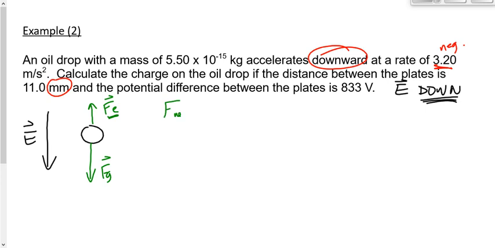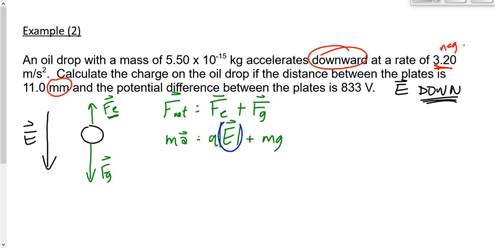All right, let's go to our next step. Our physics 20 step. F net is equal to the sum of all the forces, Fe plus Fg. M times A is equal to the sum of those forces. Remember, we're replacing the electric force with Q times E and the gravitational force with M times G. Now let's sub some numbers in. And as we do that, let's remember to pay attention to direction, positive or negative, up or down.